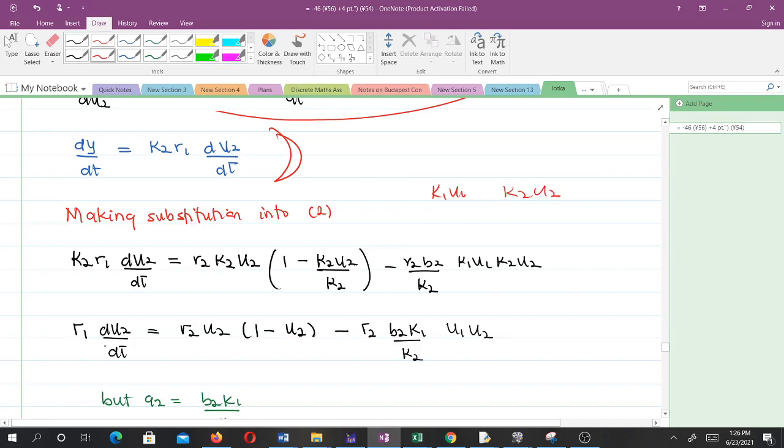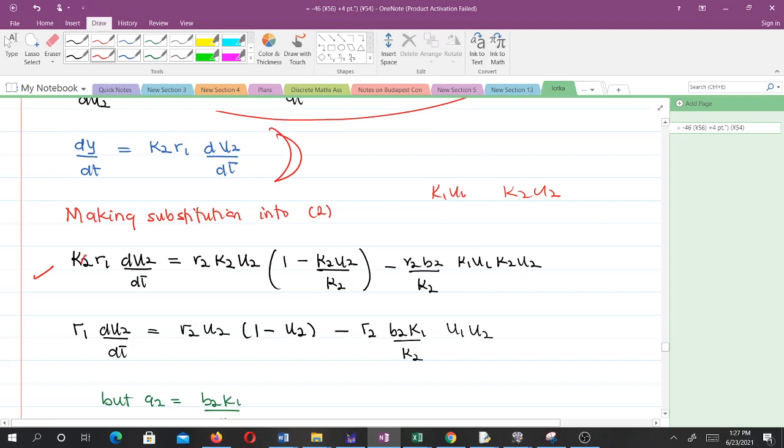So doing that, we'll have k2 r1 du2/dtau equal to r2 k2 u2, all multiplying 1 minus k2 u2 by k2 minus everything that you have here, okay?